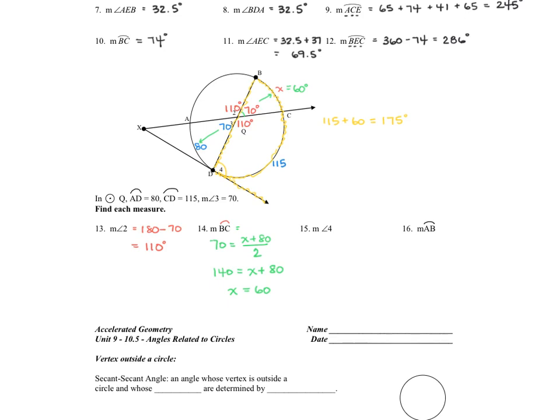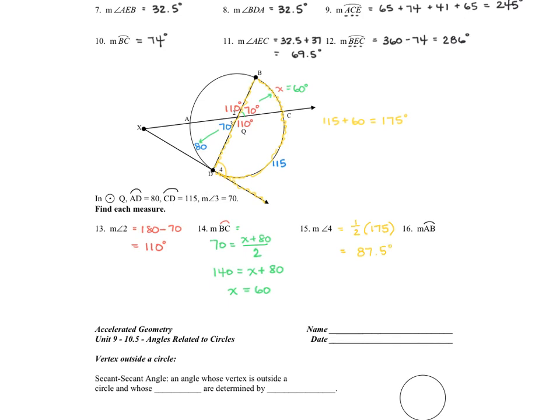And then remember that the measure of an angle whose vertex is on the circle is half its intercepted arc. So that will be half of 175 degrees, which is 87.5 degrees.